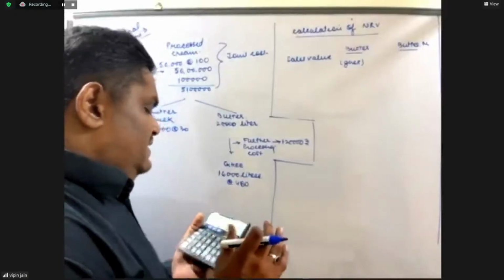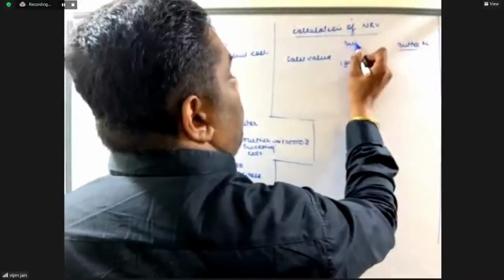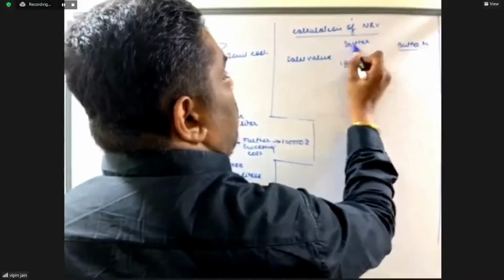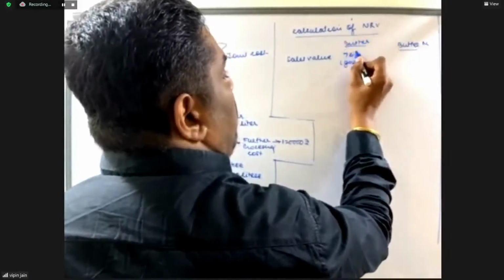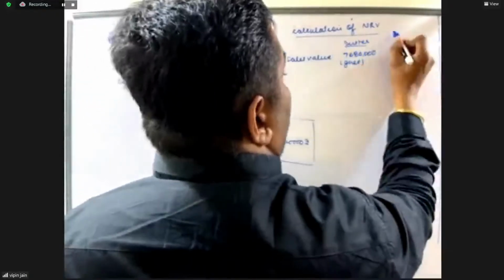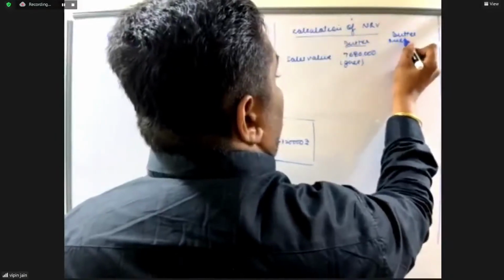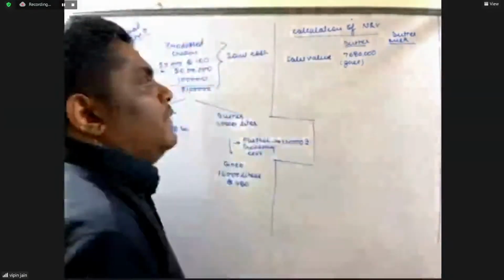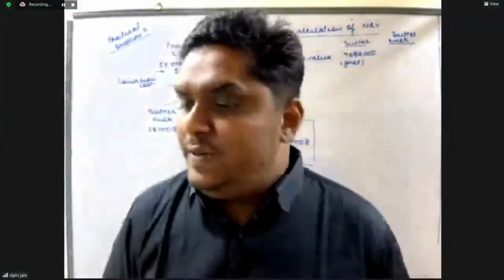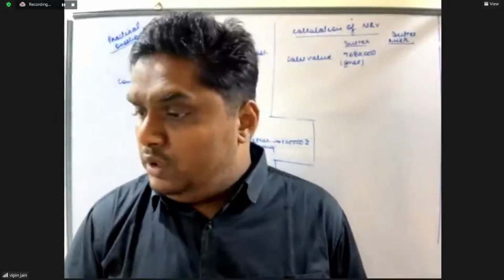That is 76,80,000. Further, when talking about the sales value of buttermilk, it is 28,000 into 30.